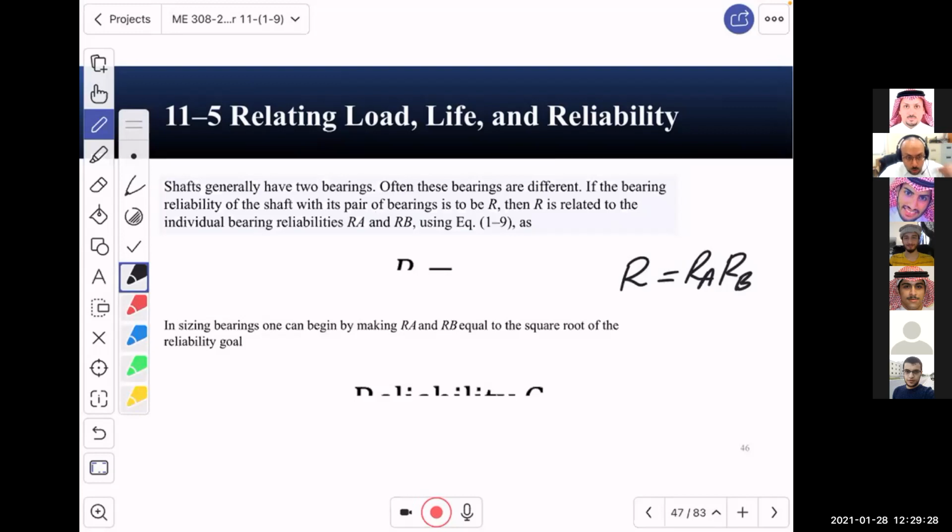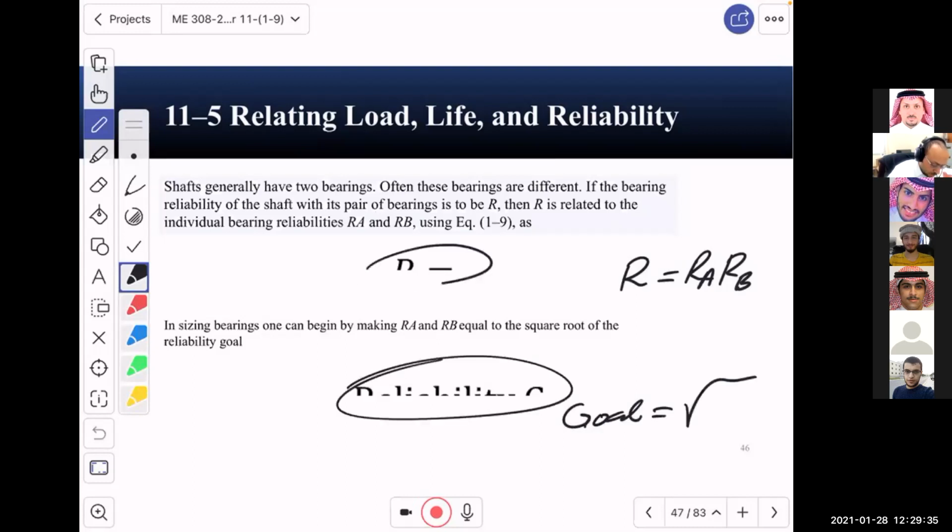It means your goal should be, ya shabab, these two equations are not showing up. It's supposed to be equal to the square root of the goal reliability. Do you understand? So we have been told that we want a combined reliability of 0.92.